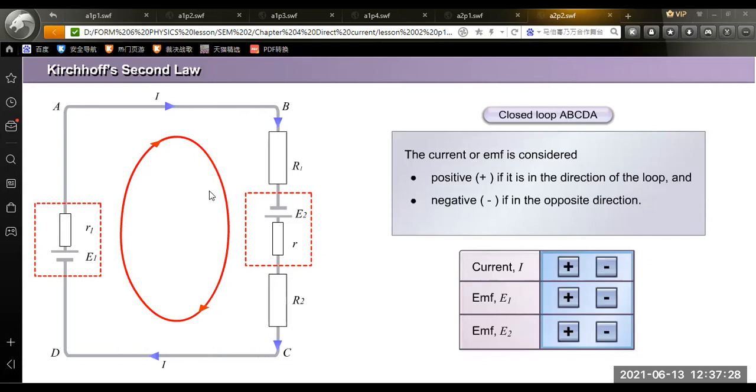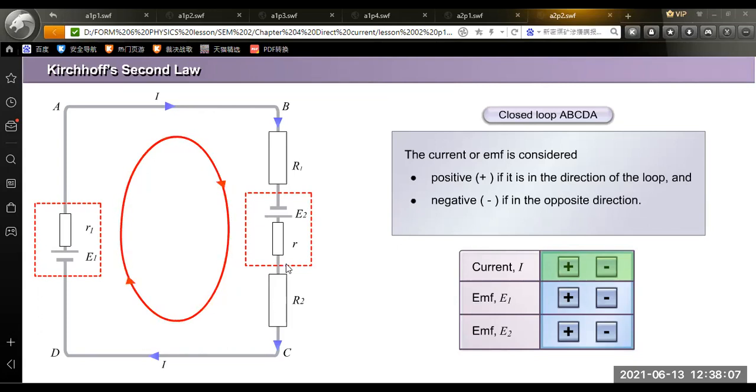If the direction of the loop is equal to the direction of the current we assume, then the current is positive. Okay, all of the current is positive. This I is positive. The current flowing in the circuit is positive.